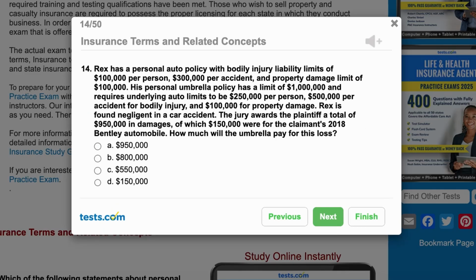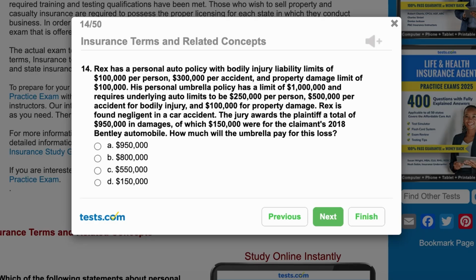Question 14. Rex has a personal auto policy with bodily injury liability limits of $100,000 per person, $300,000 per accident, and property damage limit of $100,000. His personal umbrella policy has a limit of $1 million and requires underlying auto limits to be $250,000 per person, $500,000 per accident for bodily injury, and $100,000 for property damage.